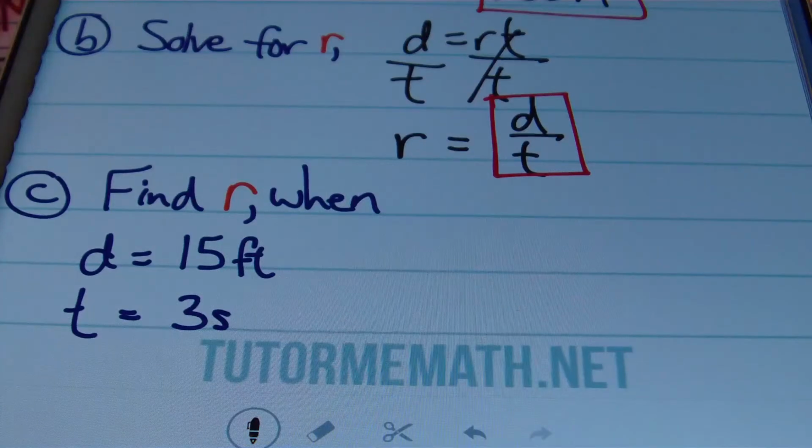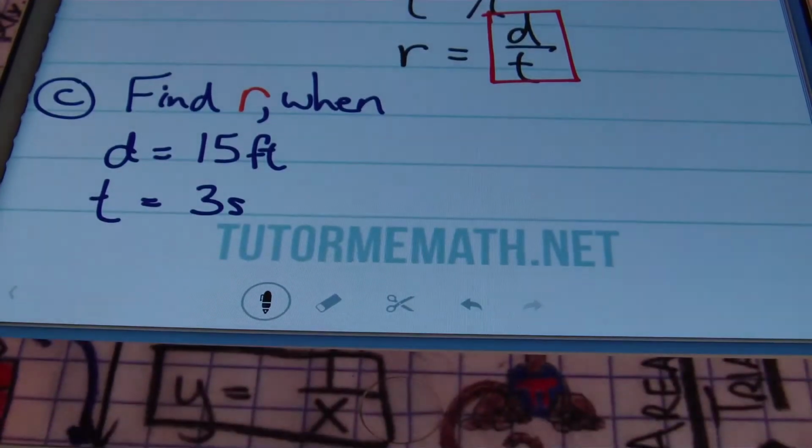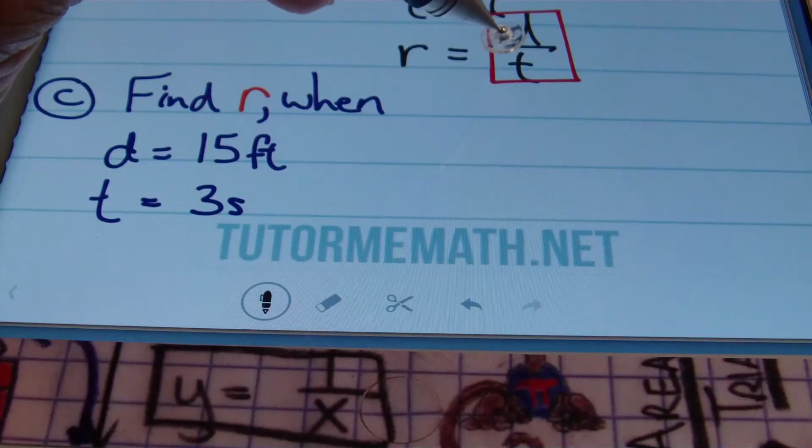Alright, part C. Here we're asked to find the rate when we're given a distance of 15 feet and a time of 3 seconds. So all you have to do actually is grab this previous result here in part B, where we know that the rate is equivalent to the distance divided by the time, and plug in these values that we're given here.